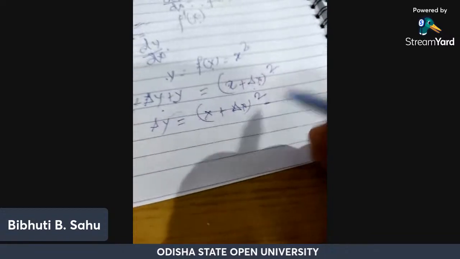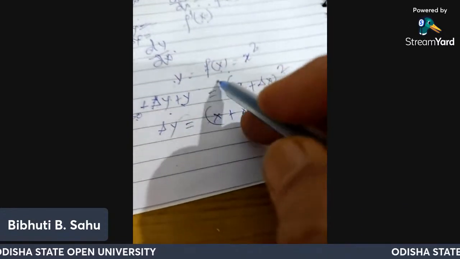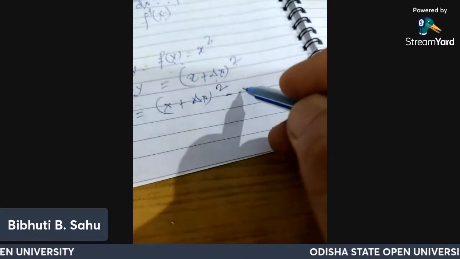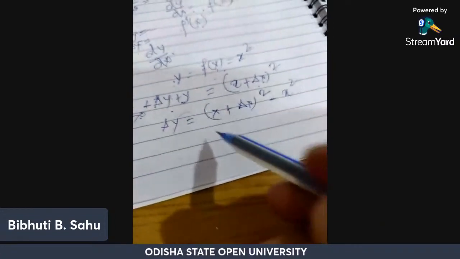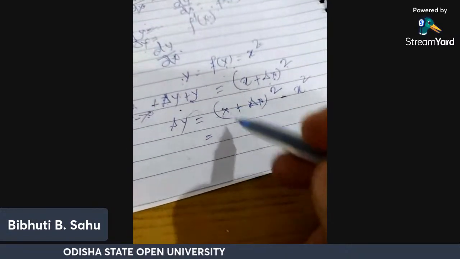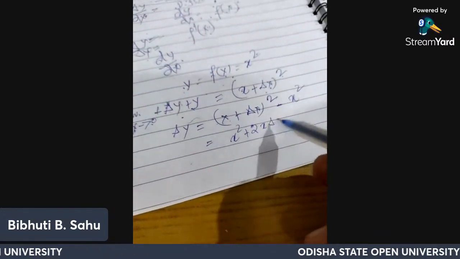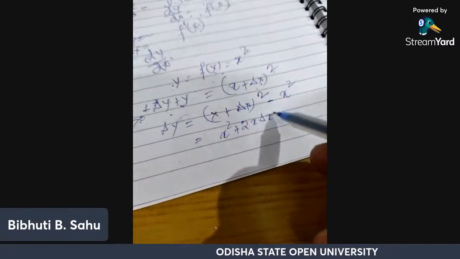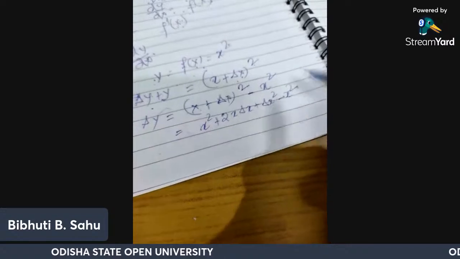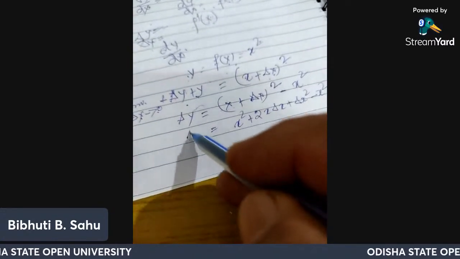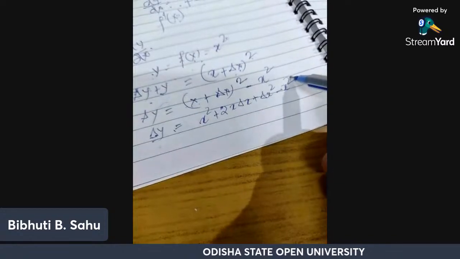Minus y can be written as f(x), as y is equal to f(x), which is equal to x square. So by taking the whole square, what is this? x square plus 2x delta x plus delta x square minus x square. This is the absolute change in y.